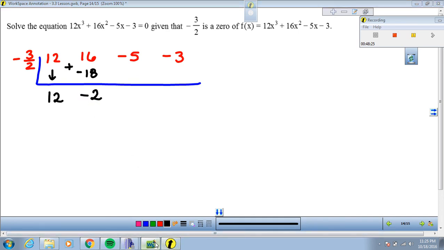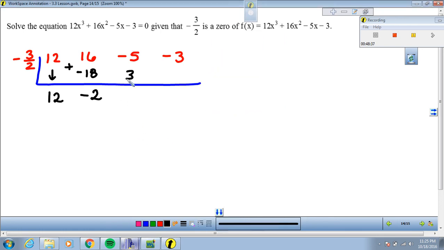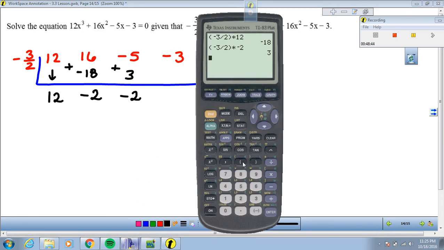Then again, negative 3 halves times negative 2 is 3. Negative 5 plus 3 is negative 2. So negative 3 halves times a negative 2 is the exact same thing, 3.